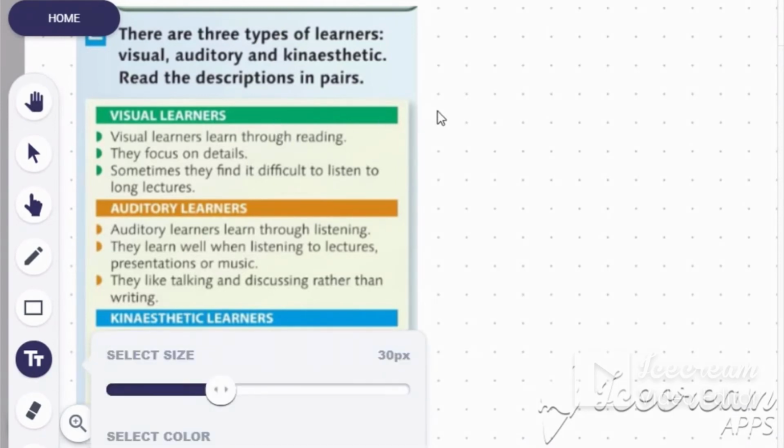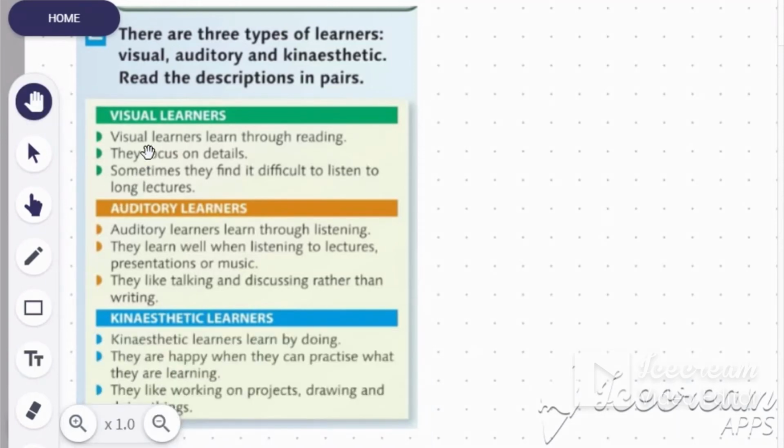Visual learners learn through reading. They focus on details. Details, تفاصيل.